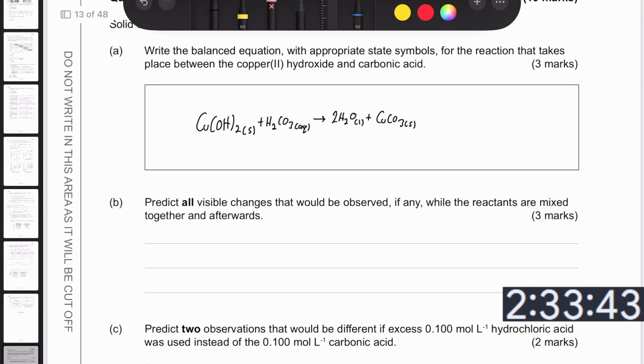Predict all visual changes that would be observed, if any, while the reactants are mixed together and afterwards.